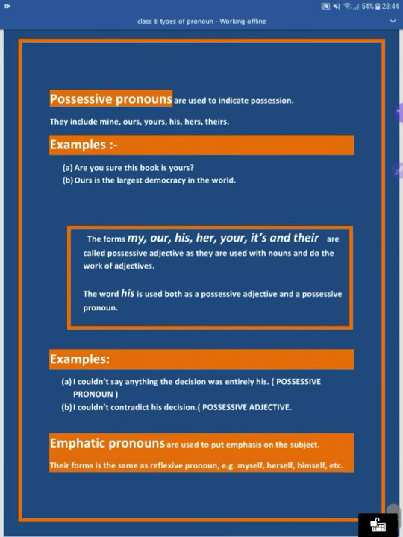I just completely forgot to mention demonstrative pronouns, interrogative pronouns, and distributive pronouns. So I'll cover them in the next grammar class, next week. We'll discuss all three points, so you don't have to worry about that, and we'll understand it in a much better way.